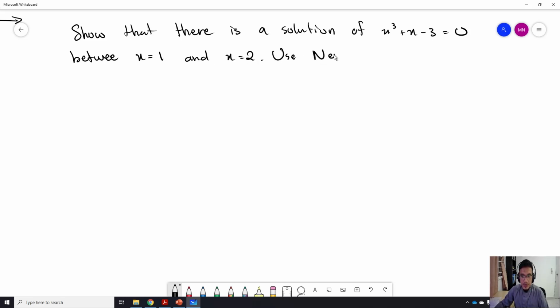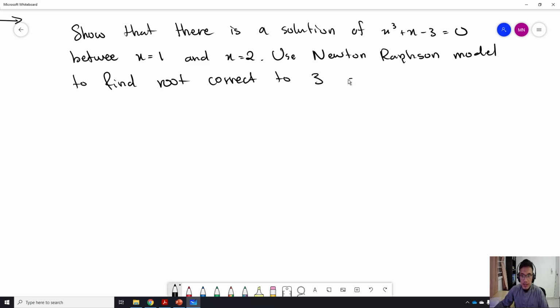Use the Newton-Raphson model to find the root correct to 3 decimal places.